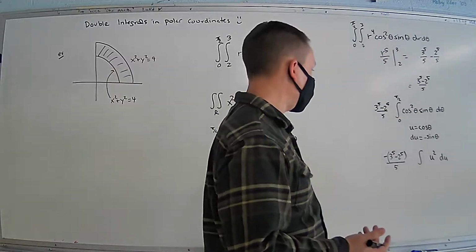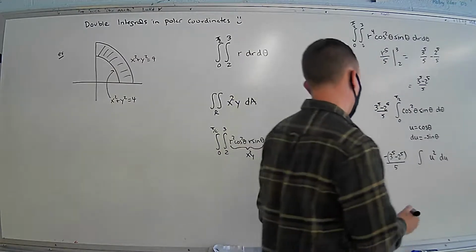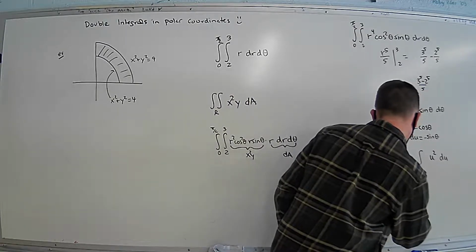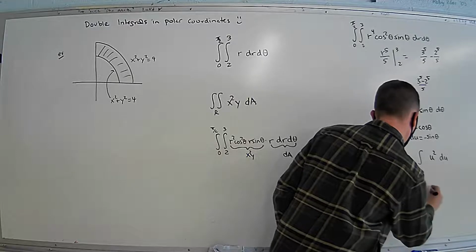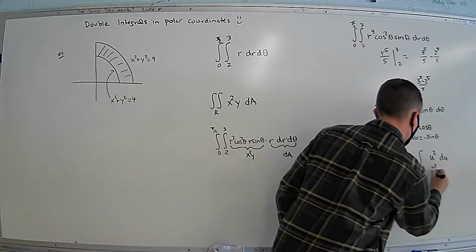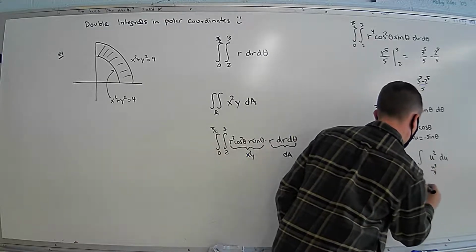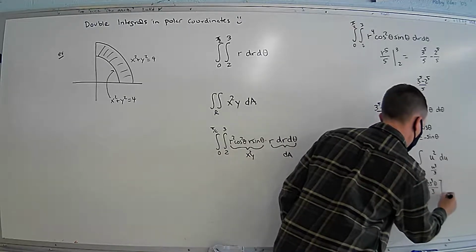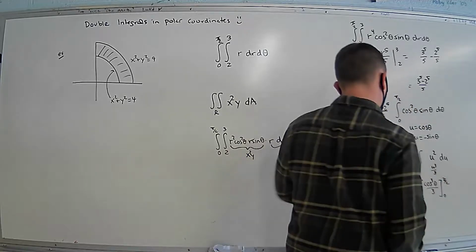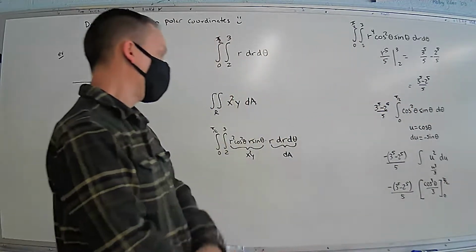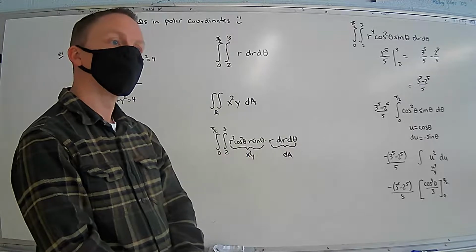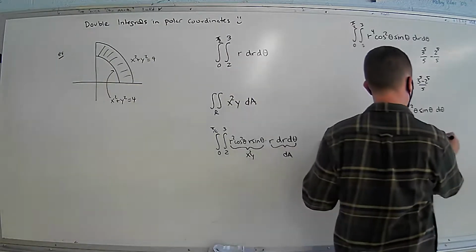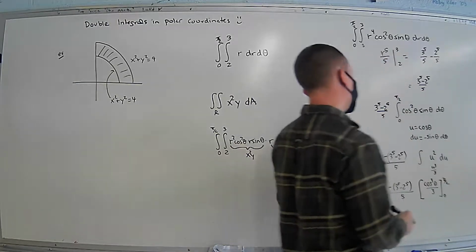Do you want to change the bounds or just write it as negative 3 to the 5th minus 2 to the 5th over 5? That's u cubed over 3. So that's cosine cubed theta over 3, evaluated from 0 to pi over 2. Wouldn't du be negative sine theta d theta? Yeah, that's just laziness. I'm just rusty on the u sub.